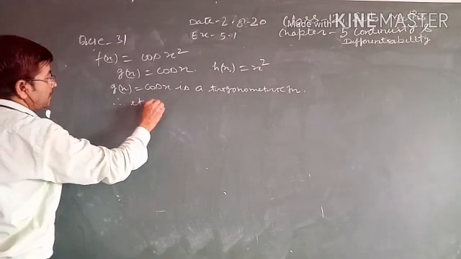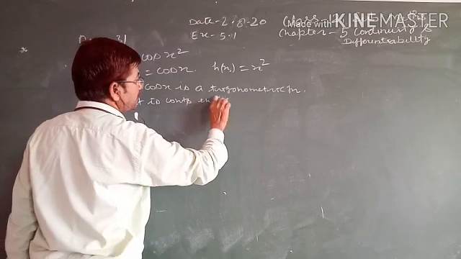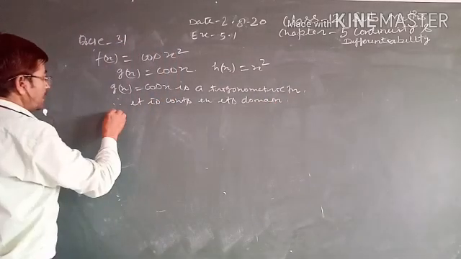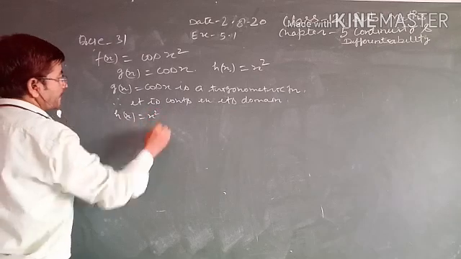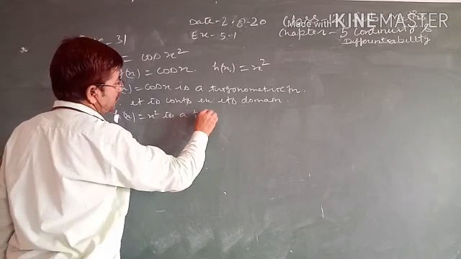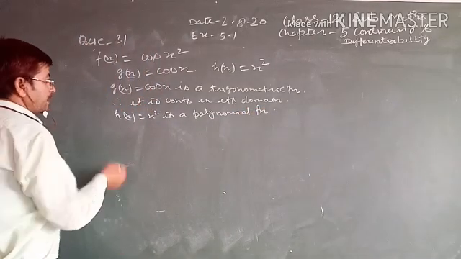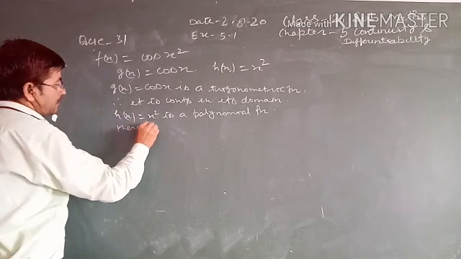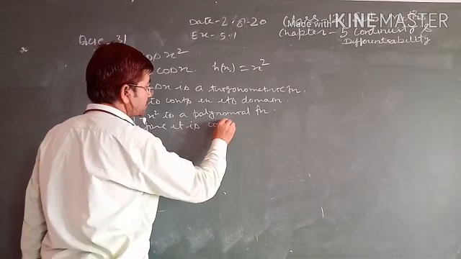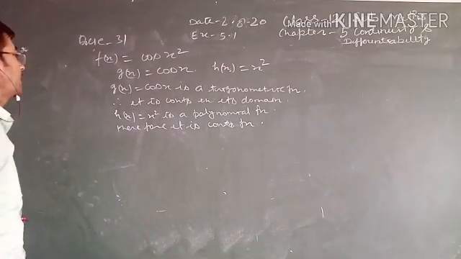Therefore, it is continuous in its domain. h(x) equal to x square is a polynomial function. Therefore, it is also continuous.